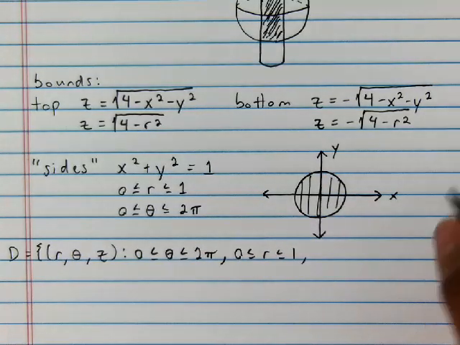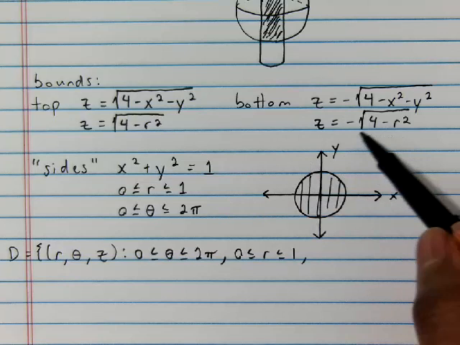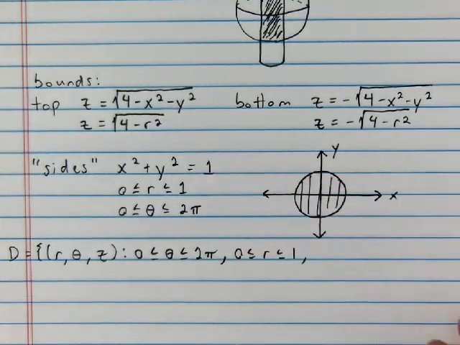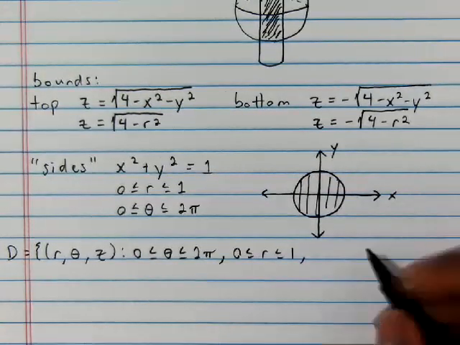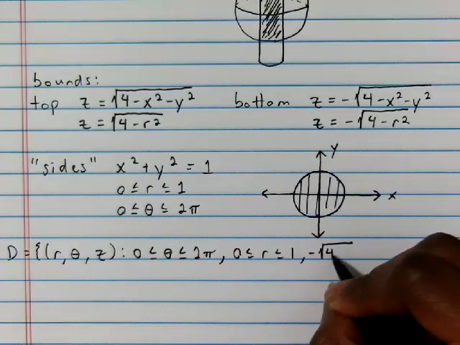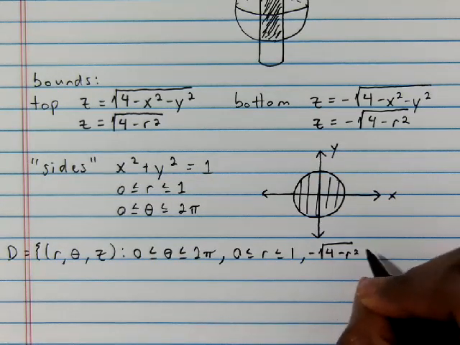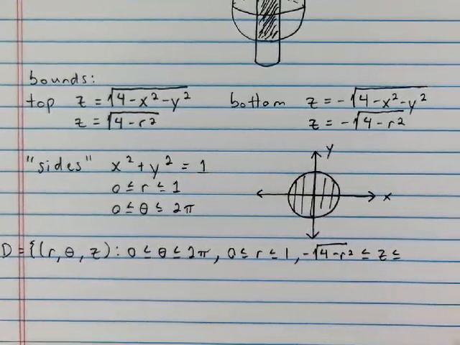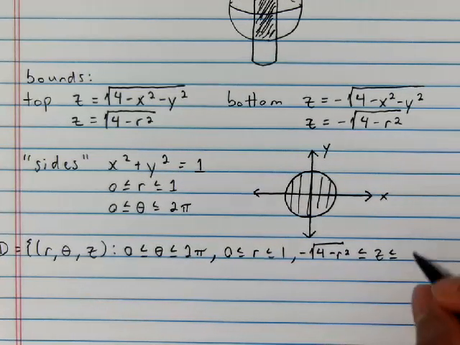And then z goes between negative root 4 minus r squared and root 4 minus r squared.